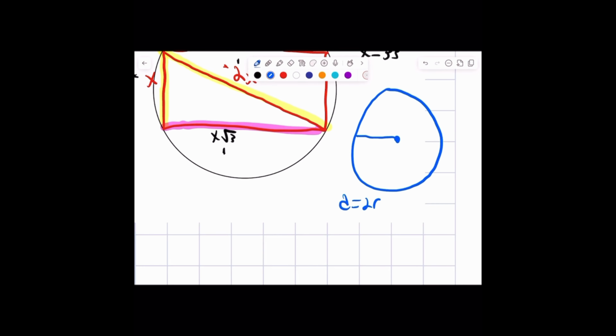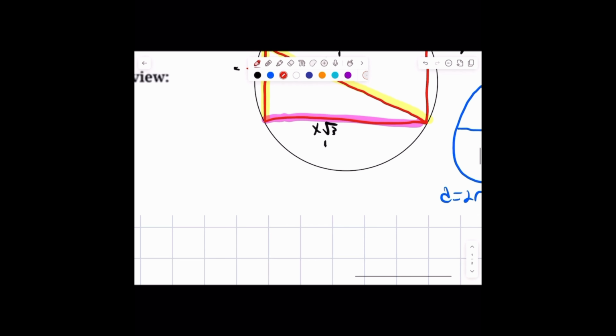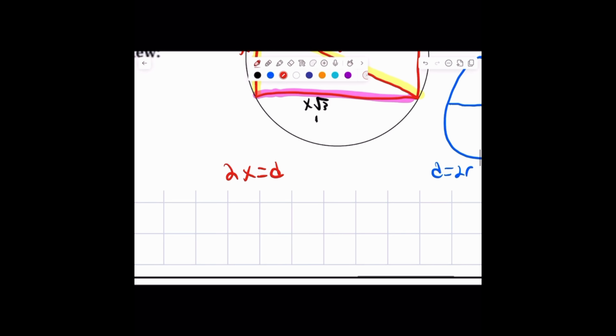The diameter always covers twice the radius, which this is doing just that. So instead of 2r, we could say that 2x is equal to the diameter of the circle. So then by plugging in x, which we found as 33, we find out the diameter is equal to 66. And that gives us our answer.